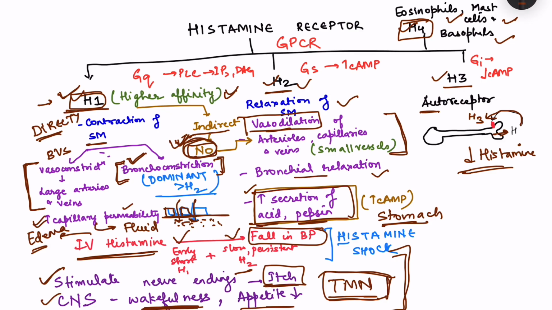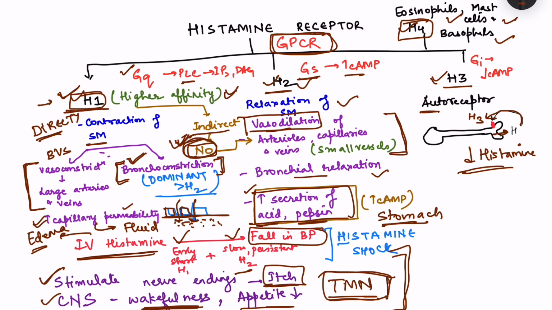Now, just a small fact here, that all these histamine receptors are G protein coupled receptors, and G protein coupled receptors can activate different enzymes depending on the type of the G proteins. So H1 receptors are of Gq type, that is they act by increasing phospholipase C. H2 receptors are of Gs type, that is they activate adenyl cyclase and hence increase cAMP.